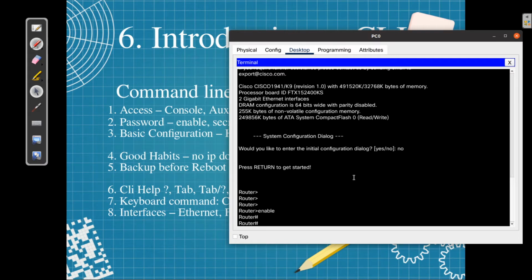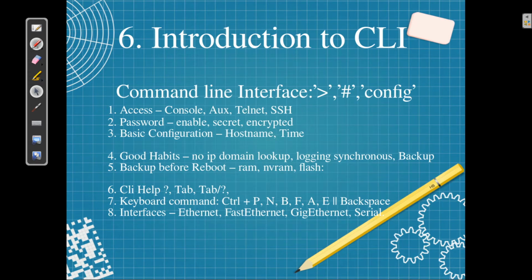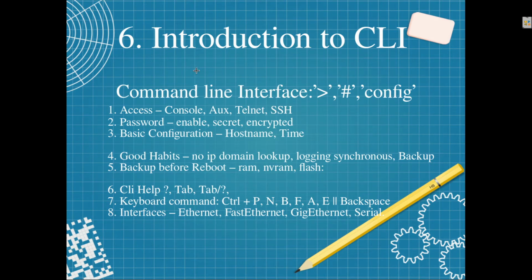First, on this slide, what we have to configure here: first we have to configure the enable password, then we will see the encryption. We have to encrypt our password. It should not be in clear plain text, otherwise anyone can see our password, right? Let me show you an example.